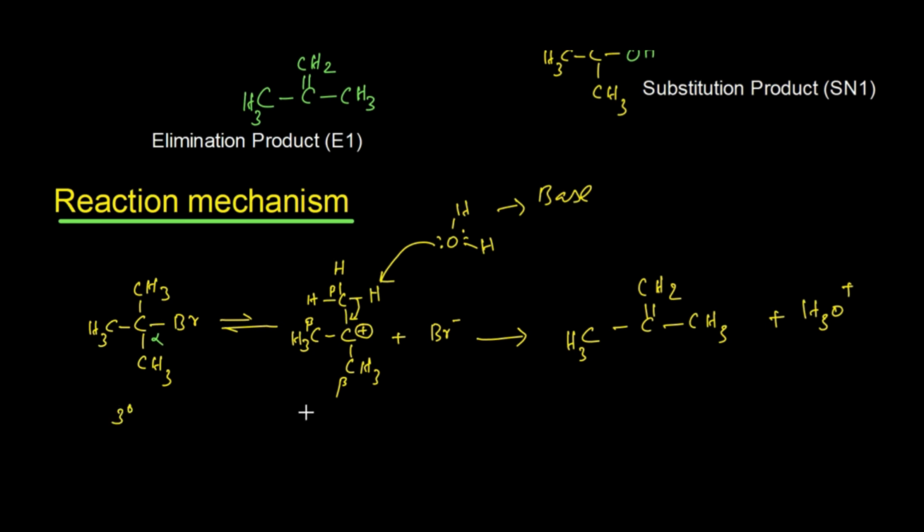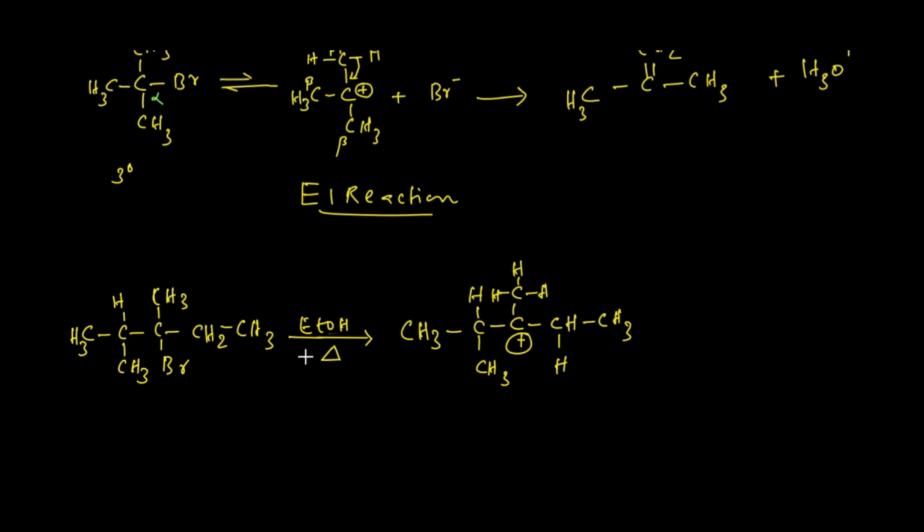This reaction depends on only one reactant, so why is this called the E1 reaction? E1 means 1 stands for unimolecular and E stands for elimination. So we call it a unimolecular elimination reaction. This is the overview and reaction mechanism of the E1 reaction.